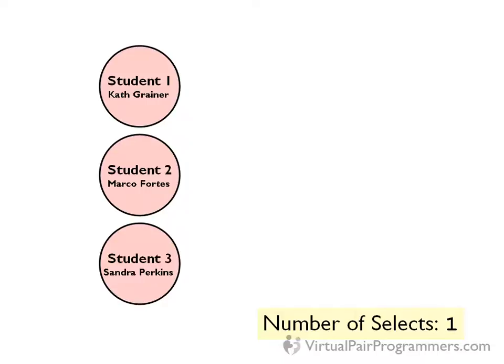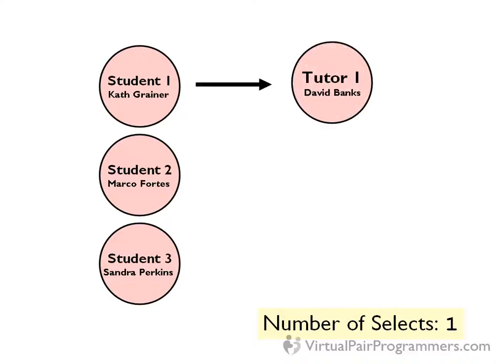It first of all considers student number 1, and it knows that student 1 is related to the tutor of ID 1. So it does a second select to load that tutor into memory and to relate that student to that tutor. So we've now gone up to 2 selects.